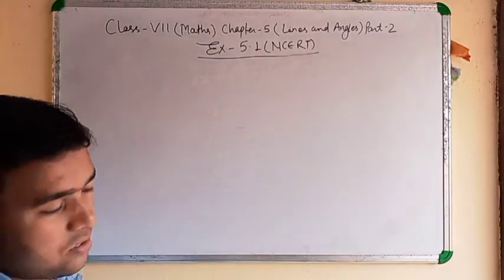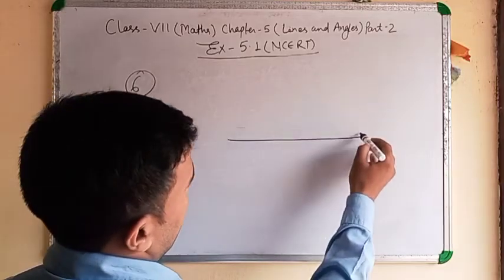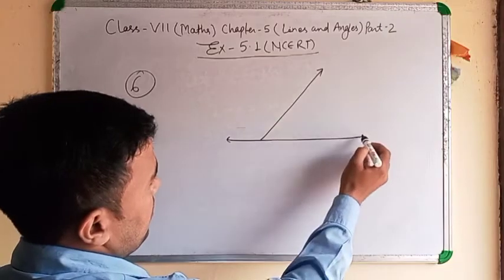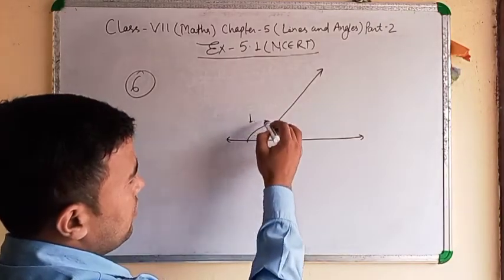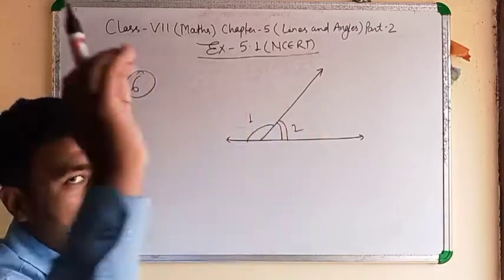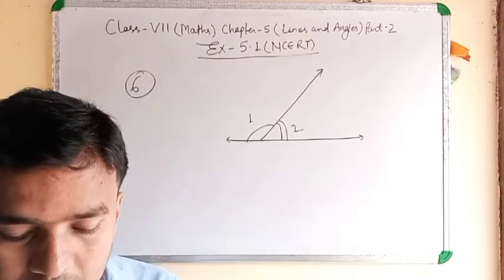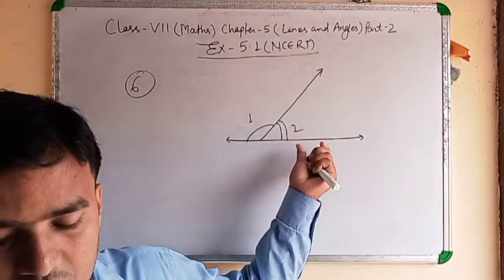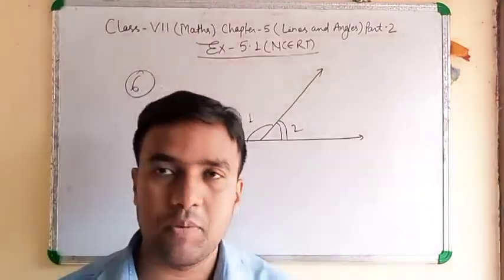In question number 6, on a straight line, it is given, it is angle 1, it is angle 2. Means in this question, angle 1 is decreased. What changes should take place in angle 2 so that both the angles still remain supplementary?